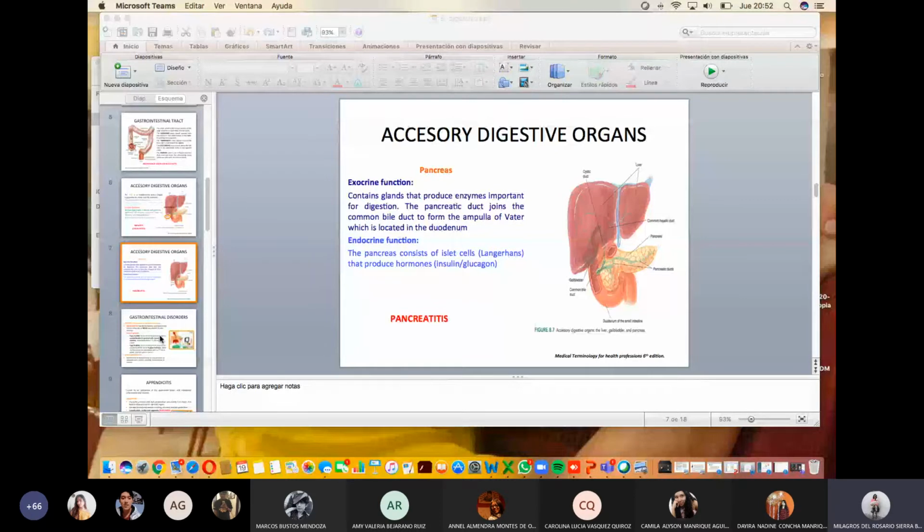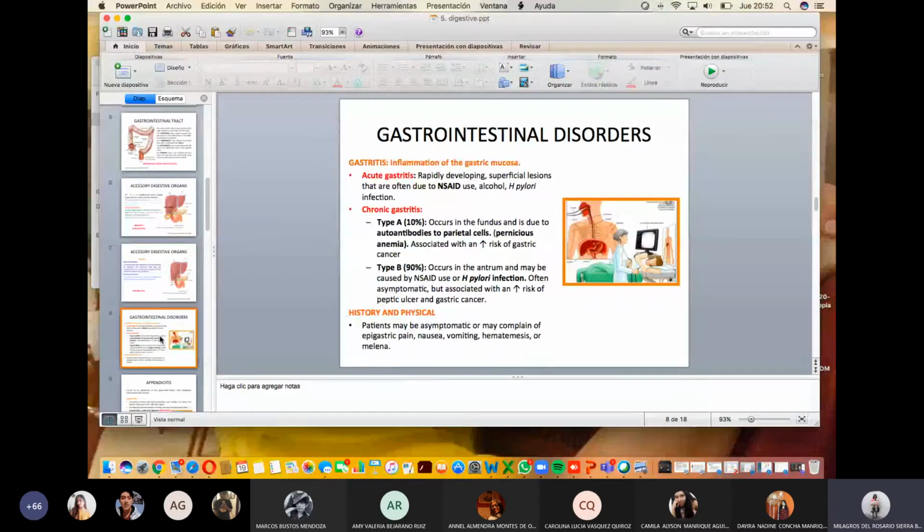Okay, so what else? We can talk about gastritis. In the practice class, we're going to talk about a complication of a gastritis that is double pylorus. So some causes for basically acute gastritis are NSAIDs, alcohol and H. pylori infection.